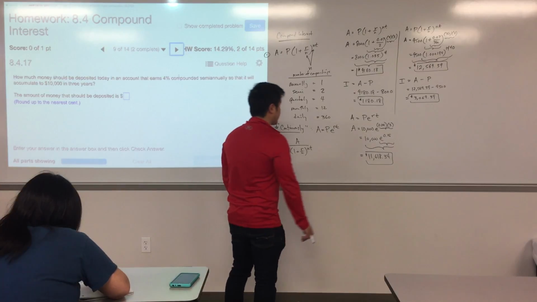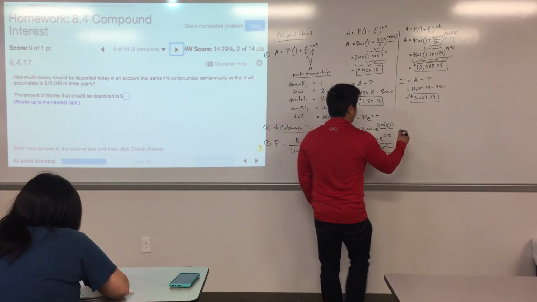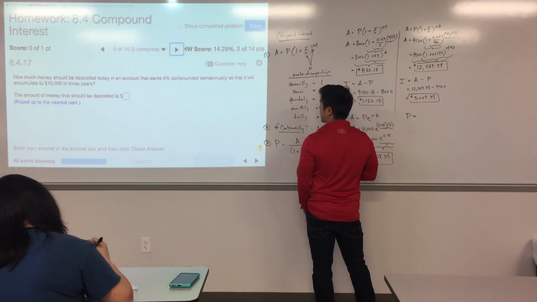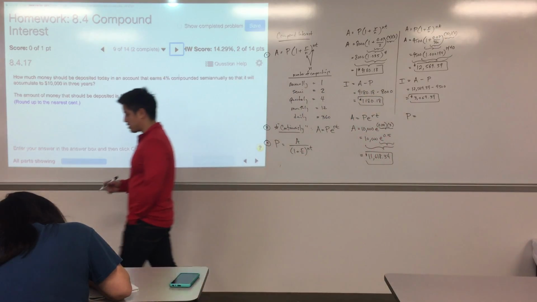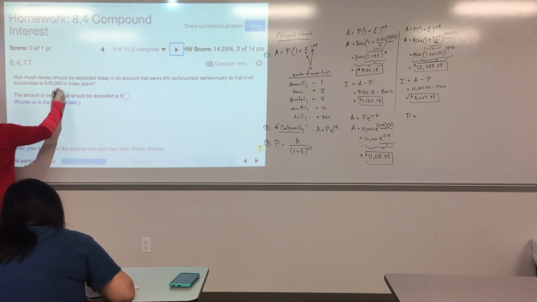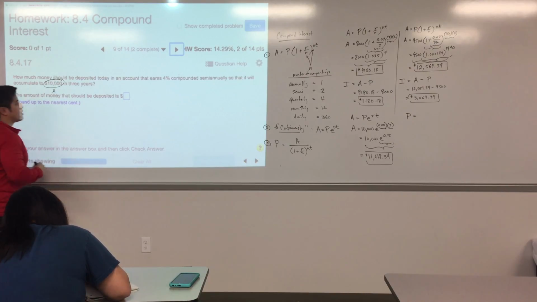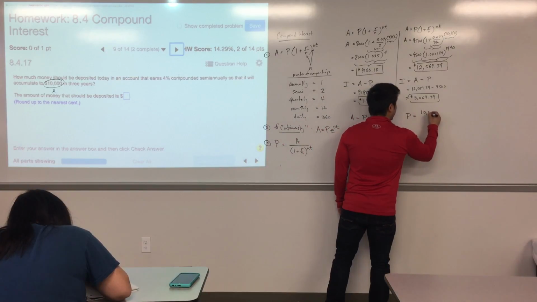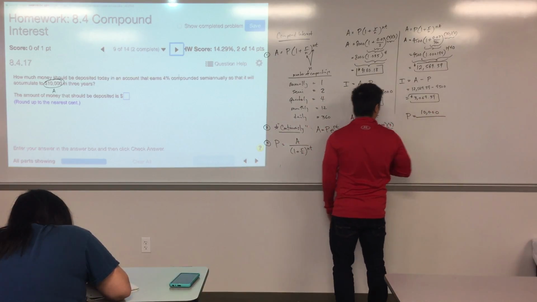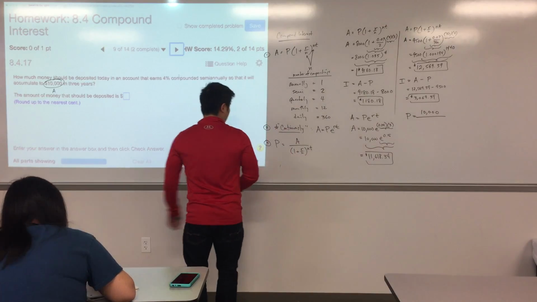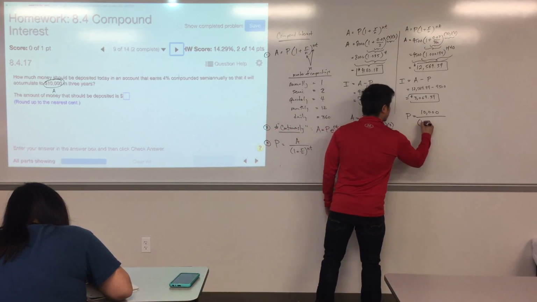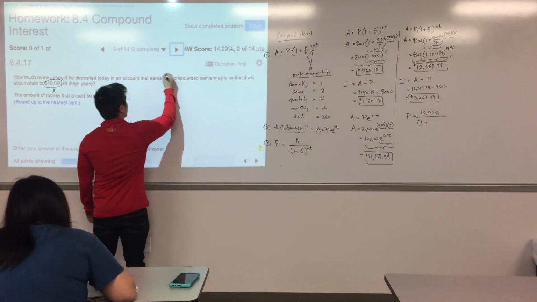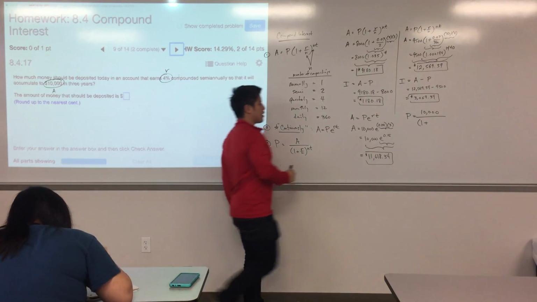Your P is going to equal what? What's A here? 10,000, exactly. Your principal, or what you need to put down, is based on your goal, $10,000. Then 1 plus R. What's R? 0.04, there's your interest rate.